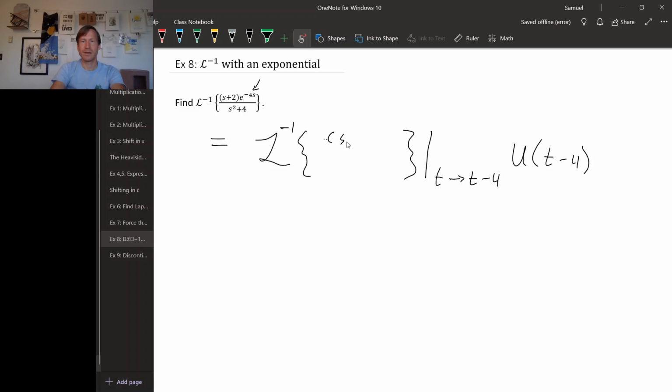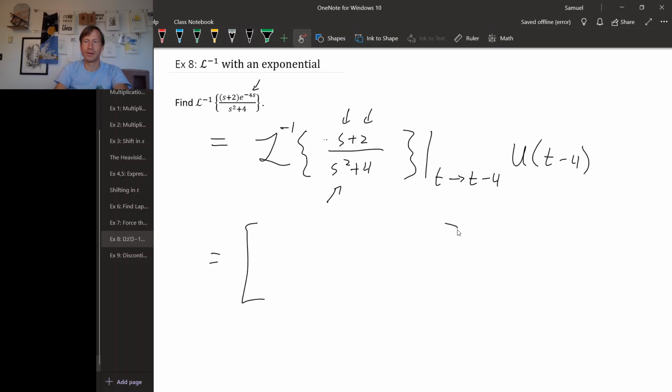That's s plus 2 over s squared plus 4. How you calculate the rest of this inverse Laplace transform depends on what is sitting here. The denominator makes me think that we're going to end up with sines and cosines. And if so, then we need to split up the s in the numerator and the constant in the numerator.